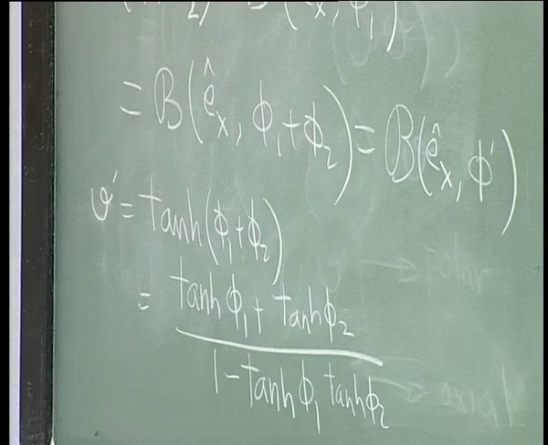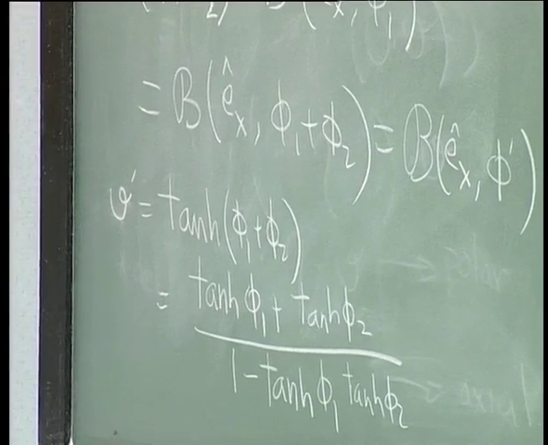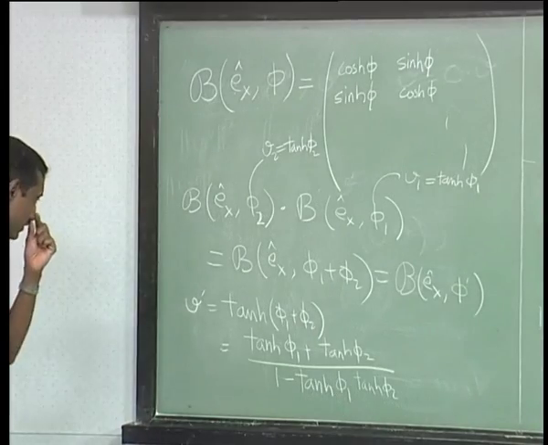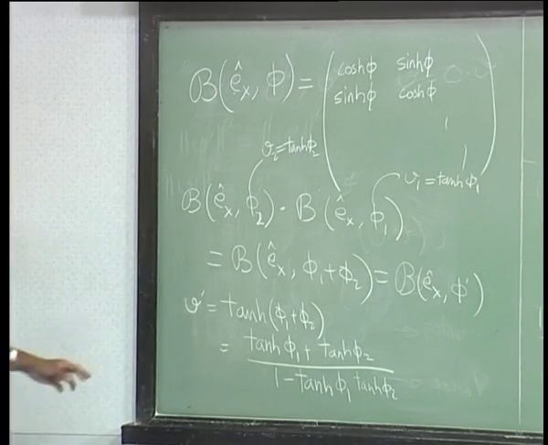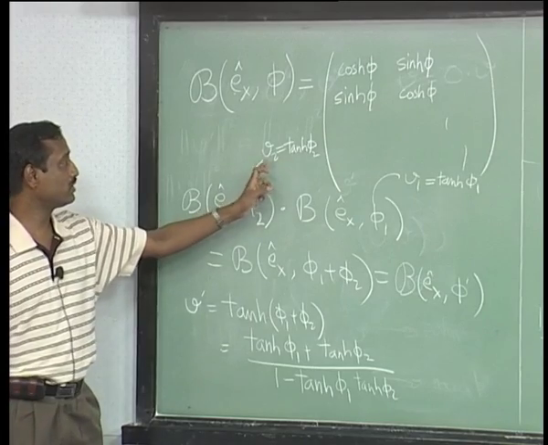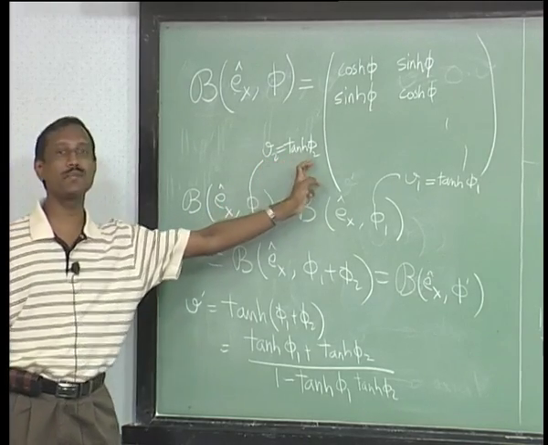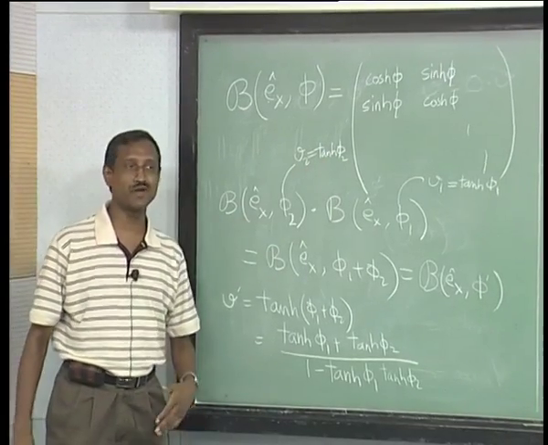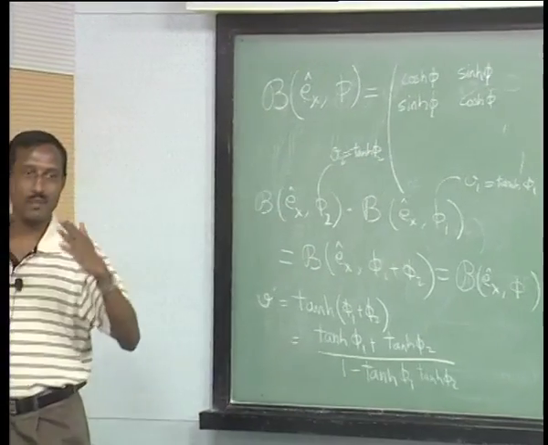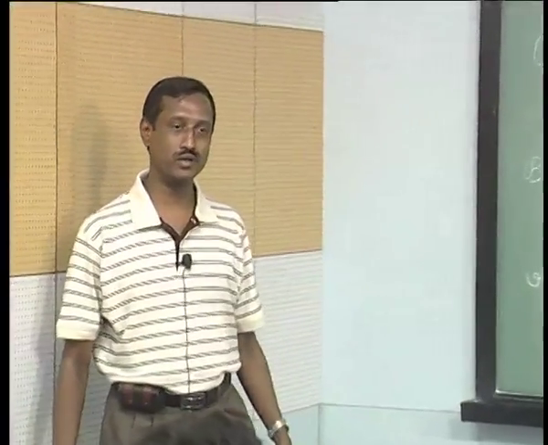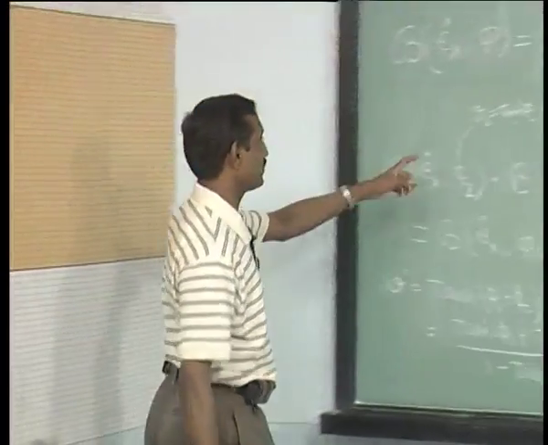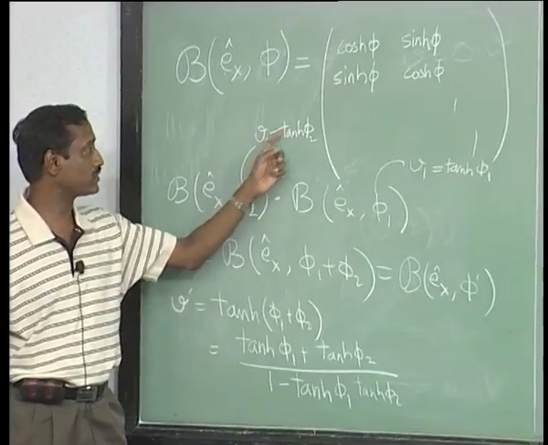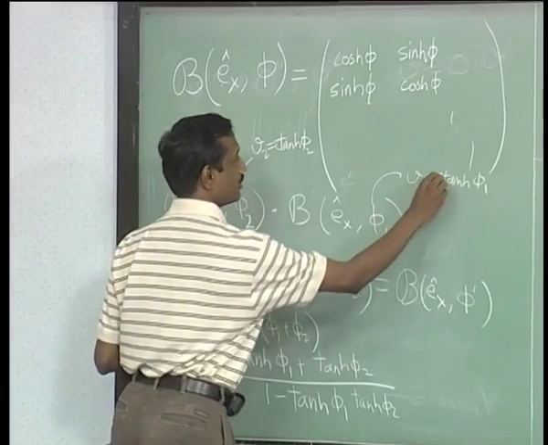Is this correct? Plus on one and minus on the other. Now already you can see out here that V2 equals tanh of phi 2. The tanh function is bounded from above and below by plus 1 and minus 1, so let me put the C's back, then you will see this.